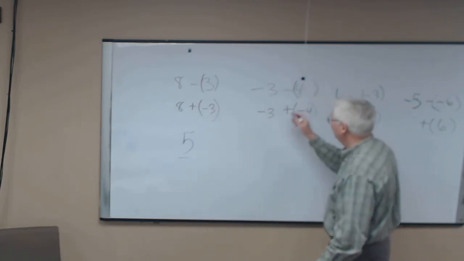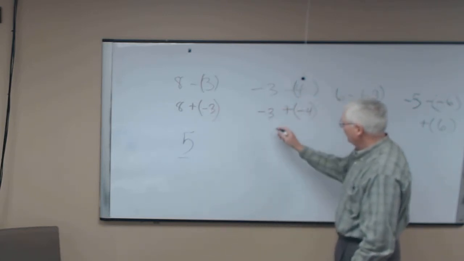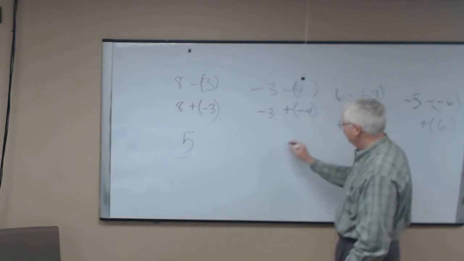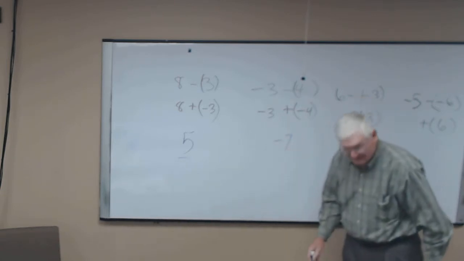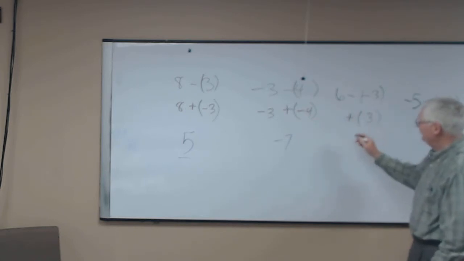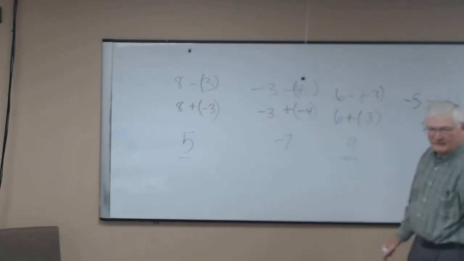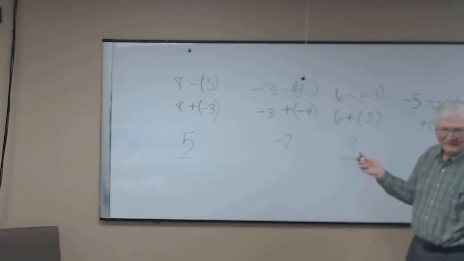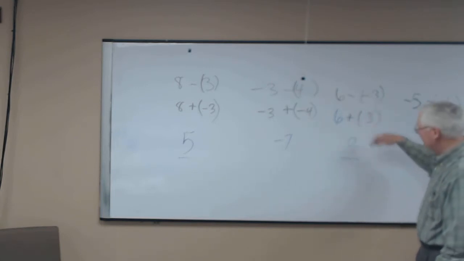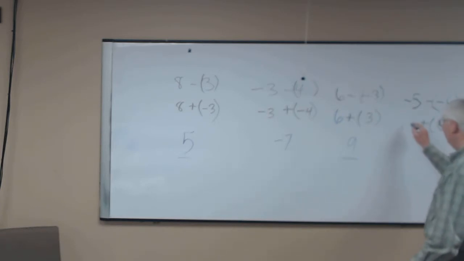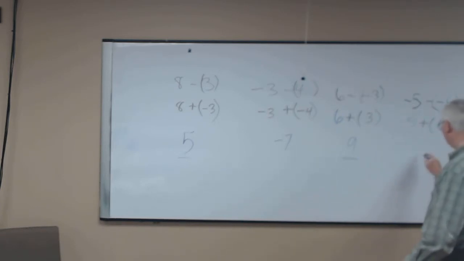Because when you come over here, -3 minus 4, let's see now, what is that? -3 plus -4, that's -7. Okay? 6 minus -3 is what? 9. That doesn't look right, does it? And that's why they're telling you to translate like this. And -5 minus -6 is -5 plus 6, which is 1.